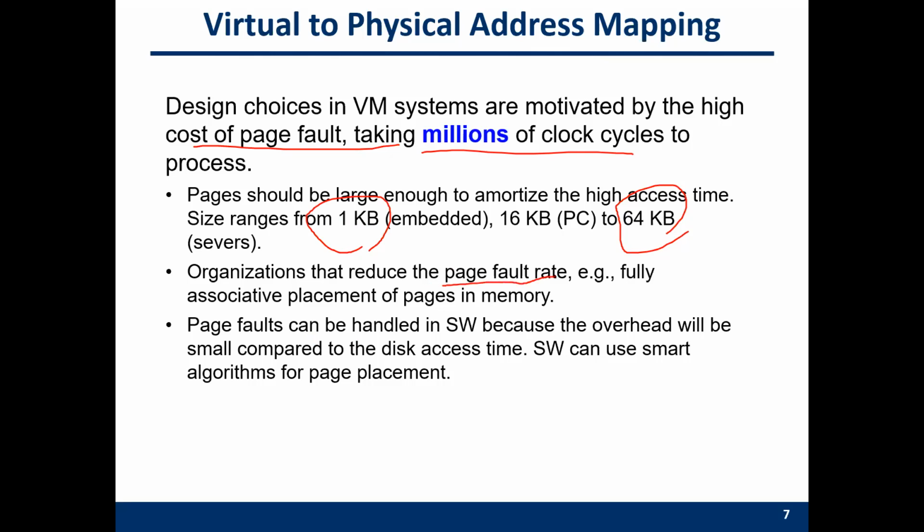This page fault rate is similar to the cache miss rate. By a better replacement policy, you have a smaller page fault rate. Besides the page fault rate, you also need to improve the access latency of each memory access, which is the virtual memory to physical memory translation latency.